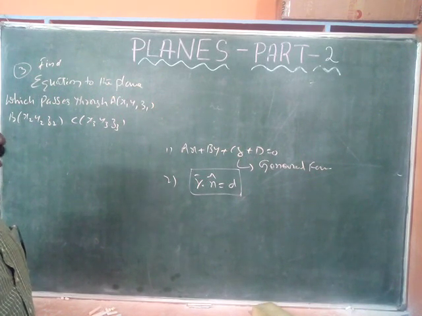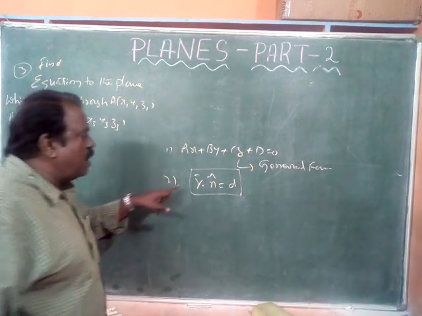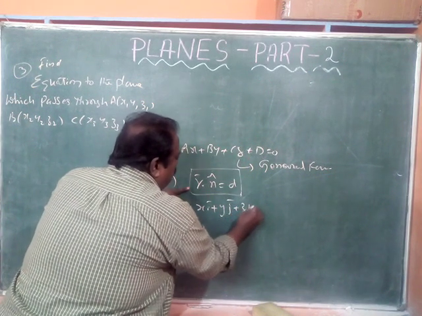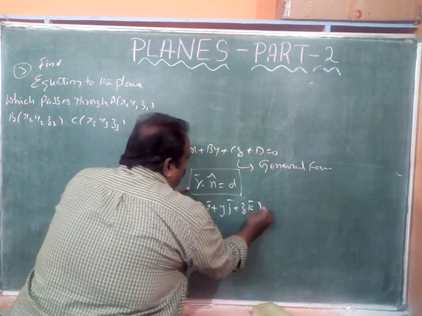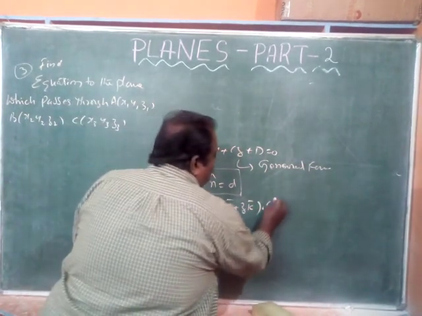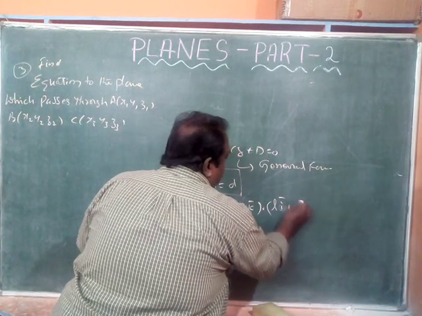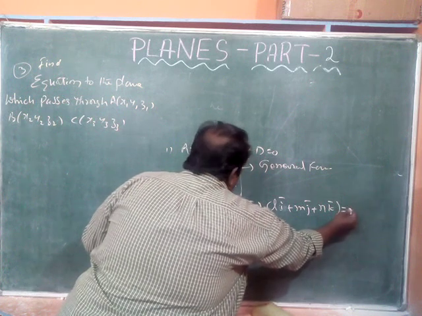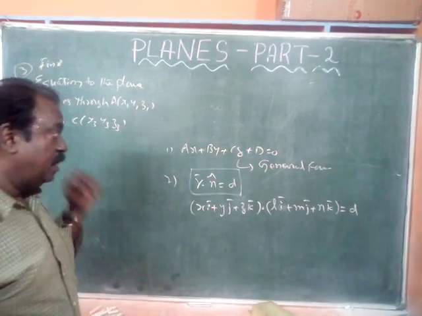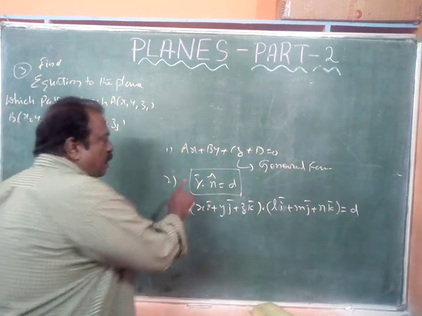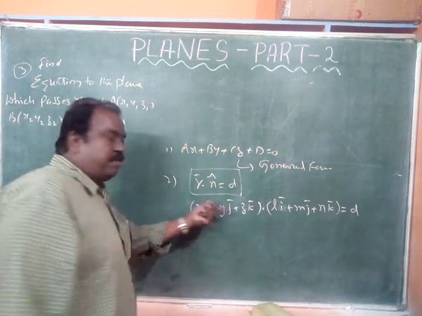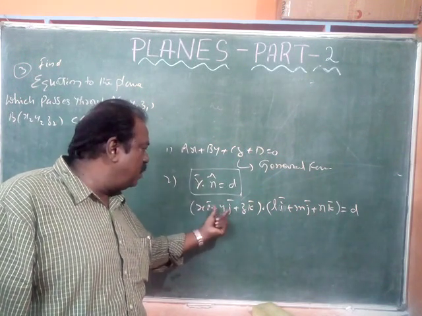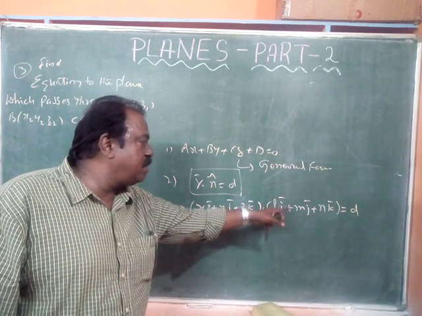Here one more thing I forgot. If r bar is xi plus yj plus zk, dot n cap, say it is li plus mj plus nk, is equal to d. Then also we can say r bar is a general point P (x, y, z), xi plus yj plus zk, a general vector. N cap is li plus mj plus nk.